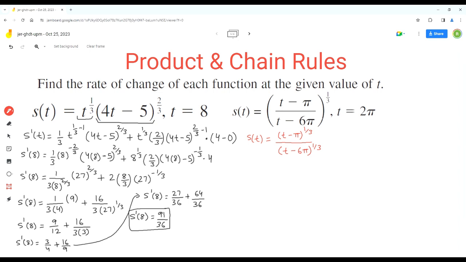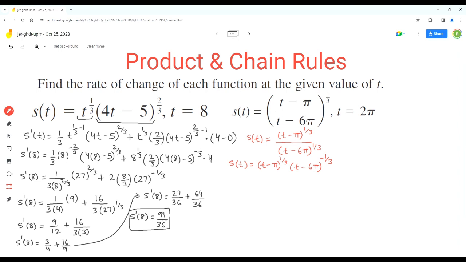Now we can move this denominator to the numerator. So we get s of t equals (t minus pi) exponent 1 over 3 times (t minus 6 pi) exponent negative 1 over 3.